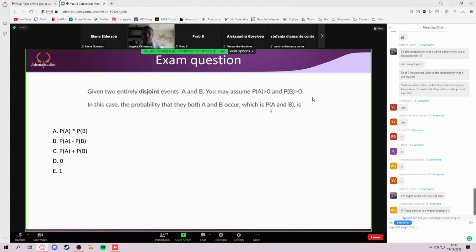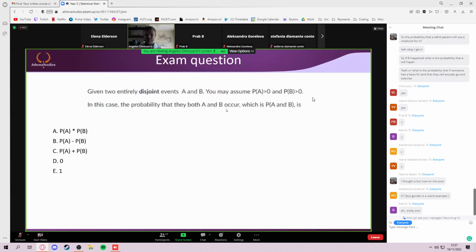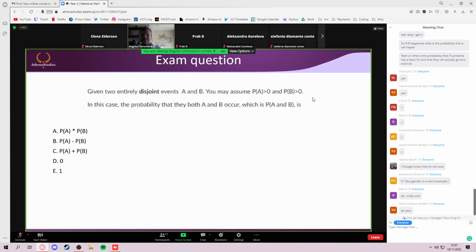Because the question asks what's the probability that both A and B occur. It is a tricky one, I know. So let's say we divide our sample, 17 people here, into young people and old people.